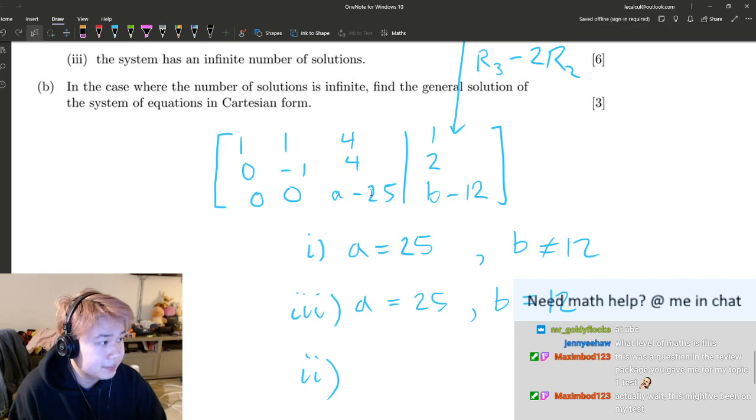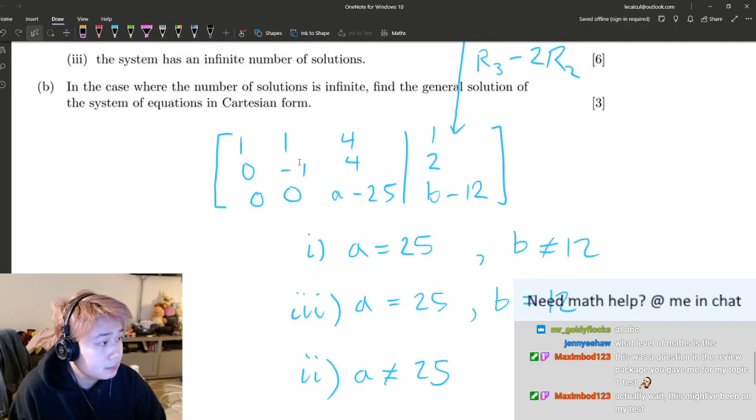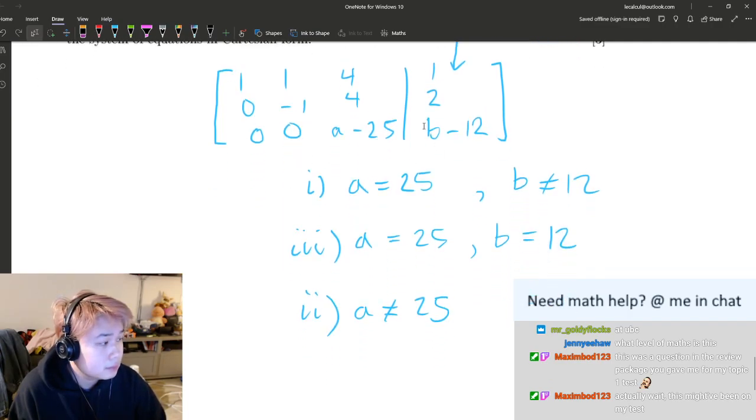And then to have a system, I need this number to be non-zero. So A should not be 25. And then this can be whatever it wants to be.